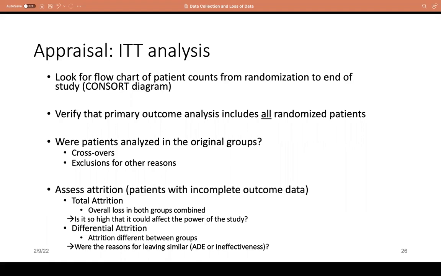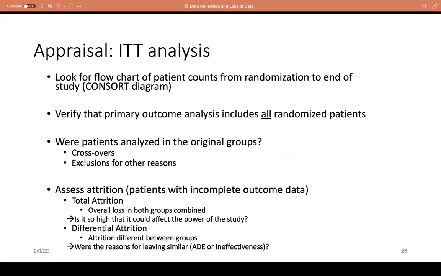Just to be clear, intention to treat is the preferred analysis to minimize bias and to preserve your randomization. So you want to verify that the outcome analysis does include all people that were randomized.